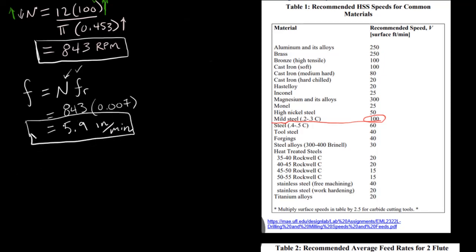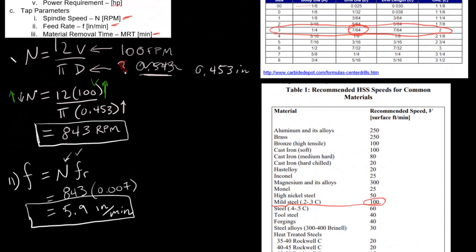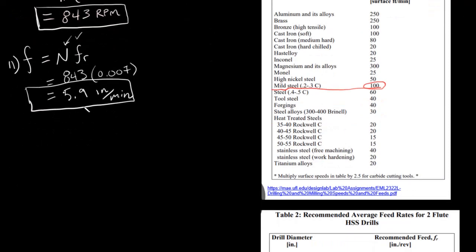Okay. So now that we know our feed rate, that was item 2. This is item 1. Our item 3, which is our material removal time, MRT.